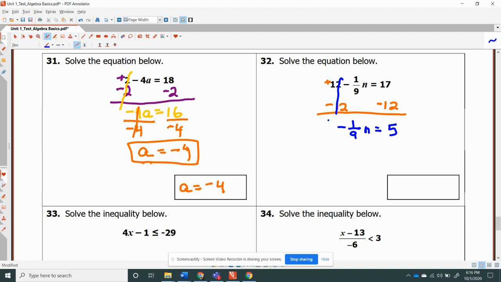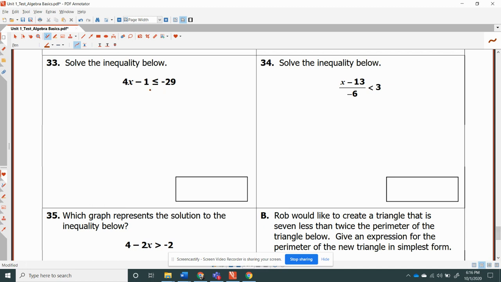Now, I'm going to multiply both sides by negative 9 so that I can get rid of that denominator. So all of this cancels, and I'm left with 1n, or just n, equals negative 45. And that goes right there.